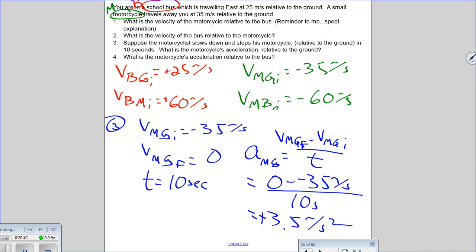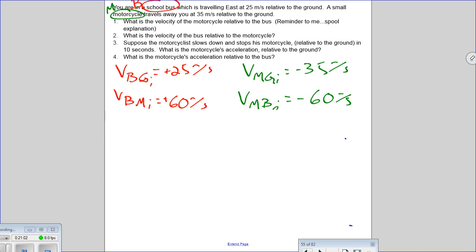Questions on this? Everybody good? All right, number 4. Now we're going to find the acceleration of the motorcycle relative to the bus. May I erase what I did in blue here? All right, this is neat.